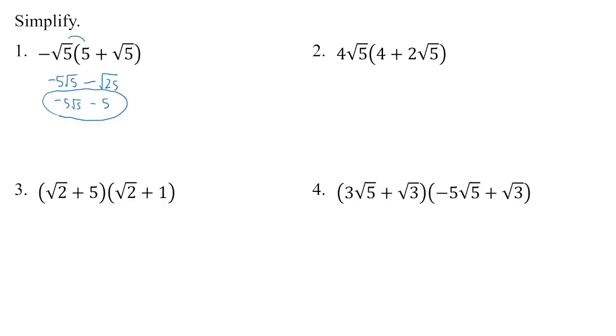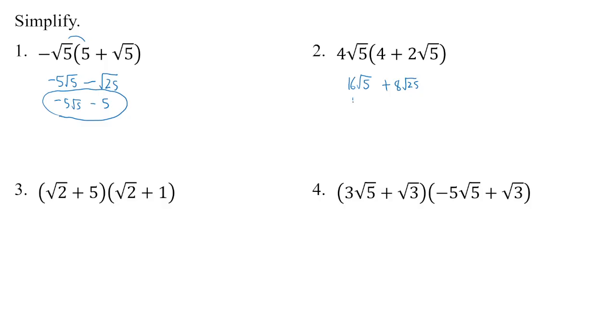Next, we have 4 times the square root of 5 times 4 plus 2 times square root of 5. Well, 4 times square root of 5 times 4 is 16 times square root of 5. When you're multiplying radicals, you multiply your coefficients and you multiply your radicands. Next, we have 8 times the square root of 25.